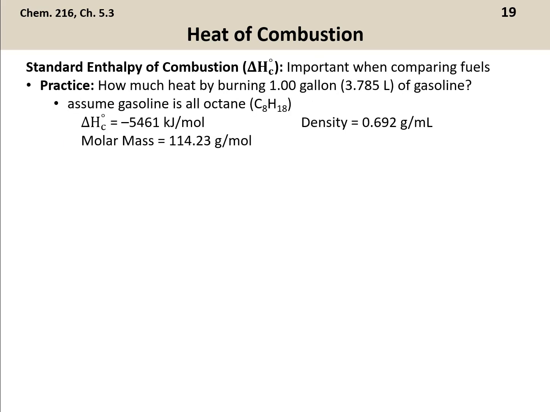Now, heats of combustion are useful because a lot of times we compare different types of fuel and things we burn. So let's say we're burning gasoline, and we burn 1 gallon of gasoline, and we want to know how much heat we're going to produce. Gasoline, obviously, we're burning probably a couple gallons at least every day, getting into school and out of school, if we're driving, that is.